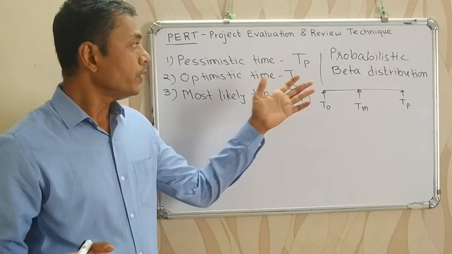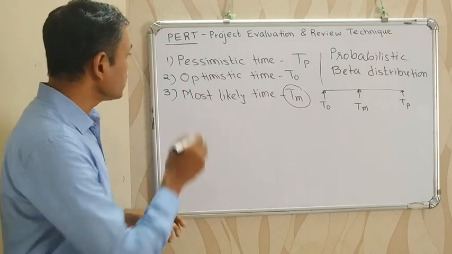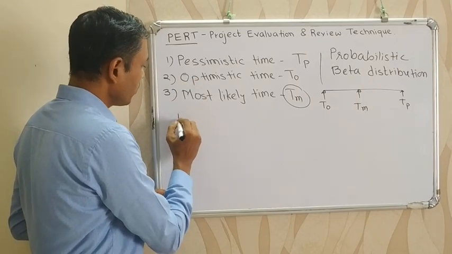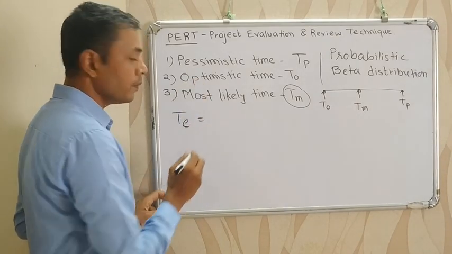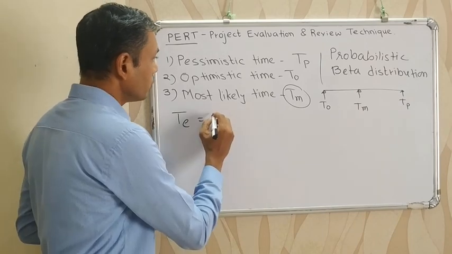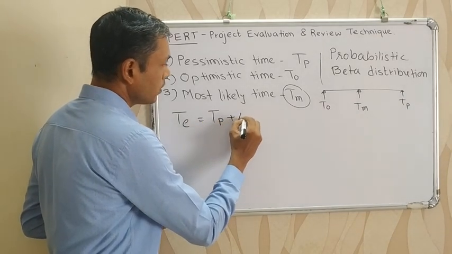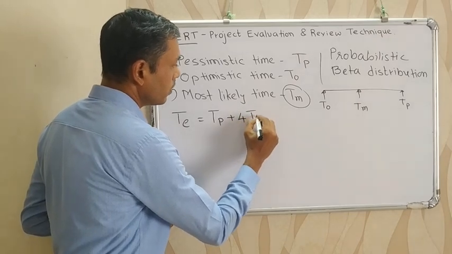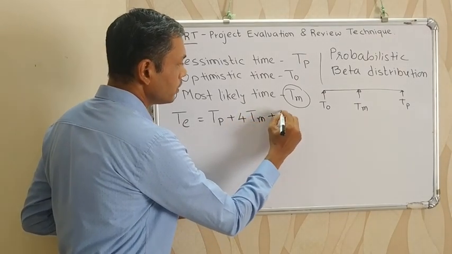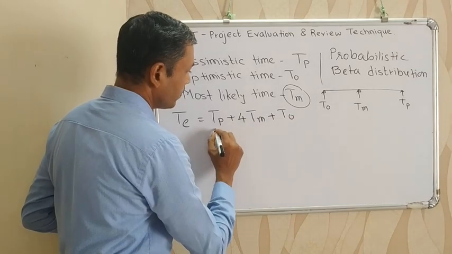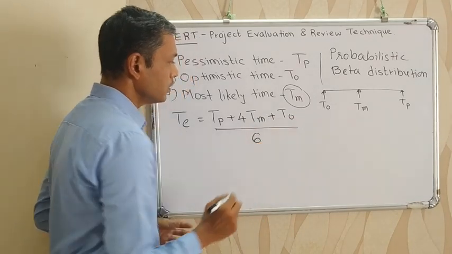And so from beta distribution we can calculate the estimated value of activity completion time, say TE, that is equal to pessimistic time plus 4 times most likely time plus optimistic time divided by 6.